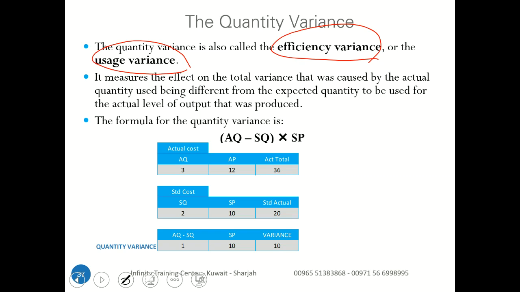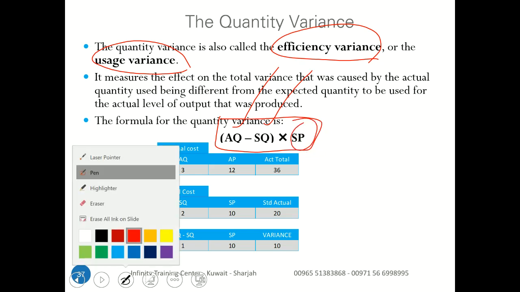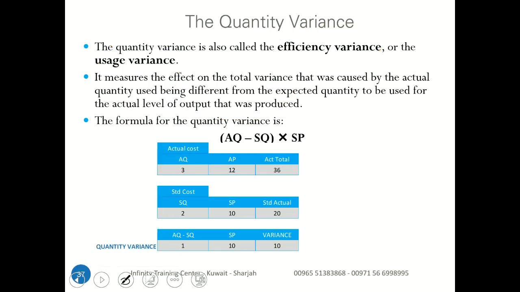To calculate this, we will use this formula: AQ minus SQ into SP. As we have seen with the abbreviations before, AQ means actual quantity, SQ is the standard quantity we are supposed to use for the actual level of output, and standard price is the price at which we are supposed to buy it.